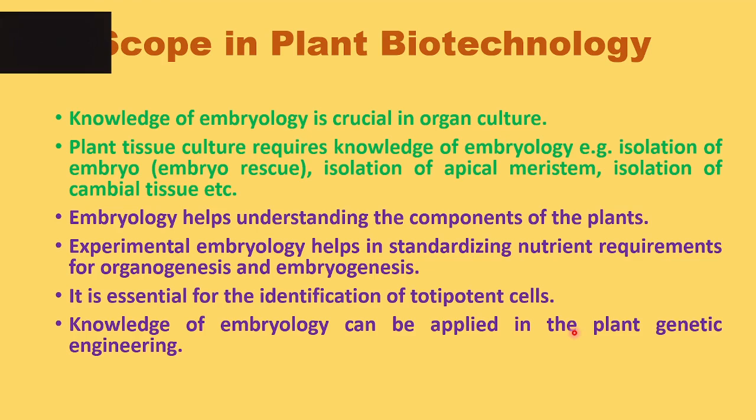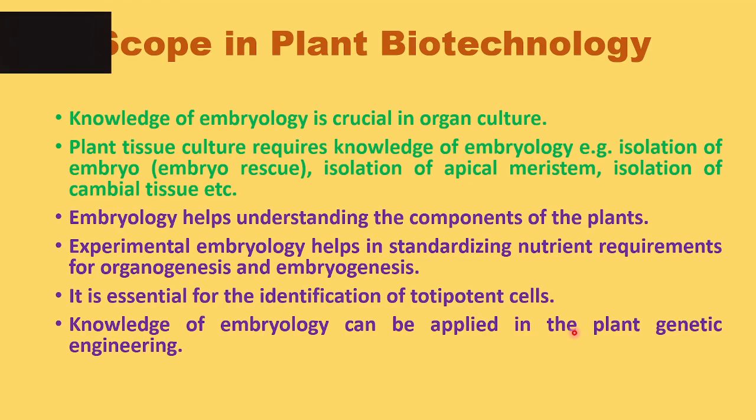If we cannot understand totipotent cells, there is wastage of media and wastage of time. So for the identification of totipotent cells, we must have knowledge of embryology. Which cell can germinate, which cell is viable, which is not viable, this information we can get from embryological knowledge.